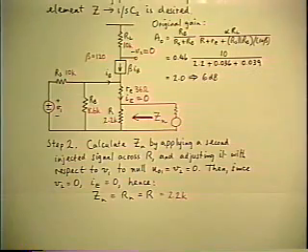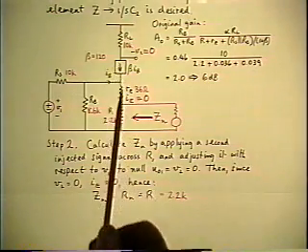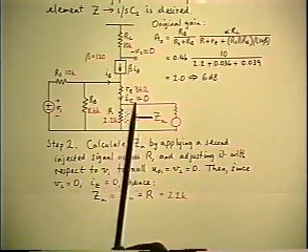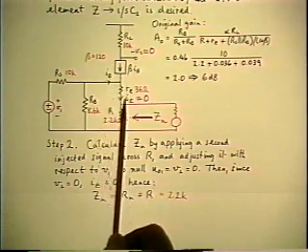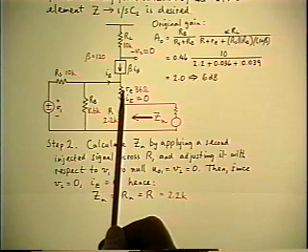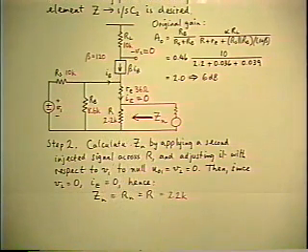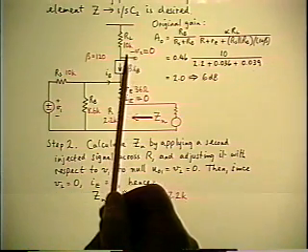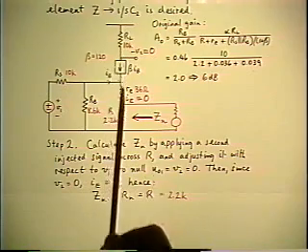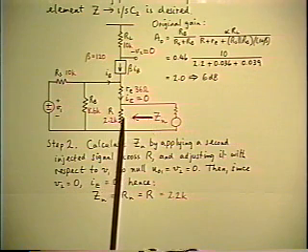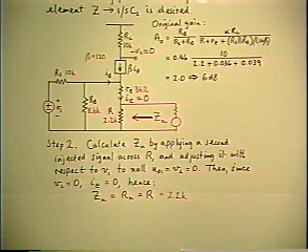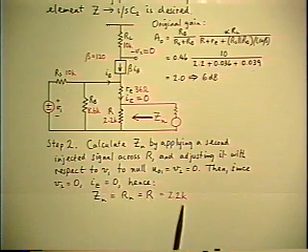And notice that one other relationship that we've adopted along the way builds on the fact that we already talked about the fact that the ratio of all of the three currents of the transistor remains constant, which means that if one of the currents is 0, all of them are 0. And that's what's happened here. The collector current is 0, therefore the emitter current is 0. And that's all you need to know to arrive at the answer for Zn, which is the objective of this calculation. So Zn is equal to R, 2.2K.